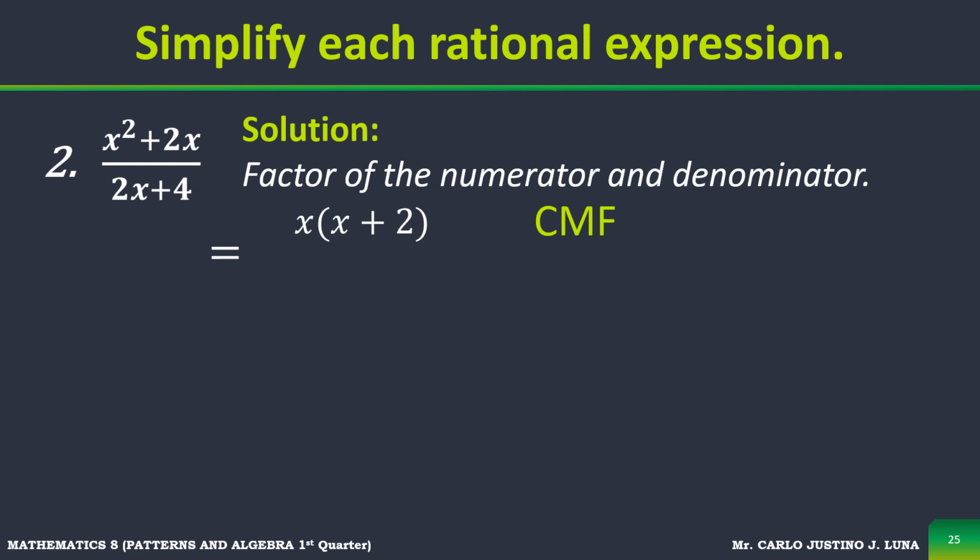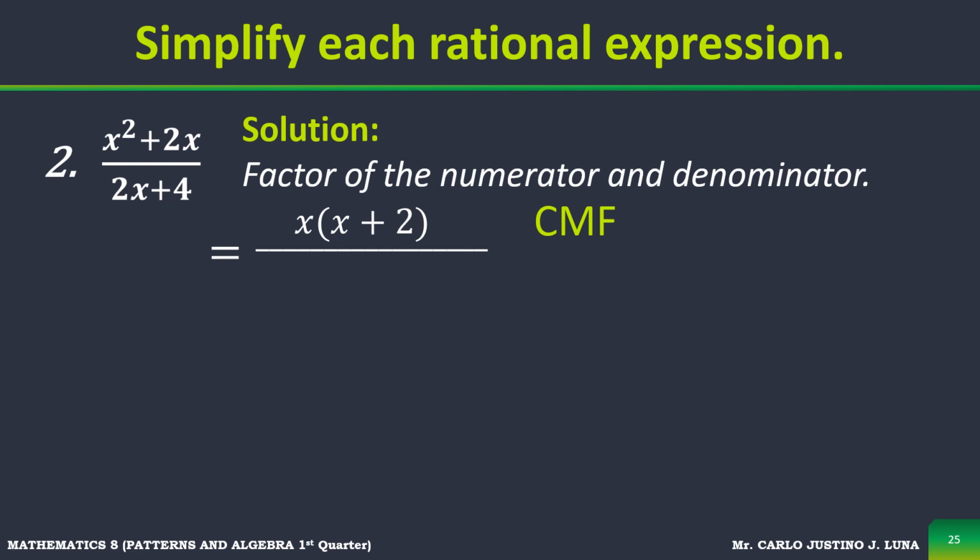Okay? Kasi x squared divided by x, that is x. And then, plus 2x divided by x, that's 2. Okay? So we now have this for the numerator. Next, denominator. How can you get the factors of the denominator? 2x plus 4.